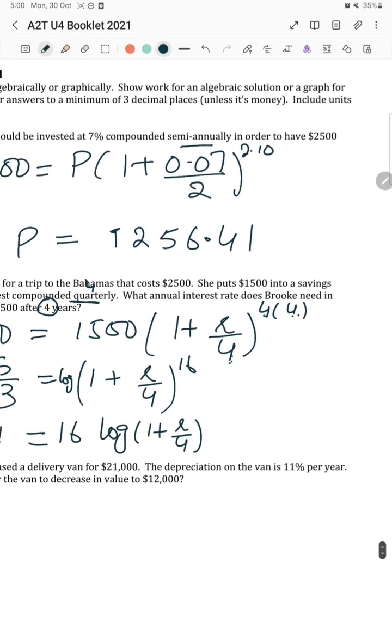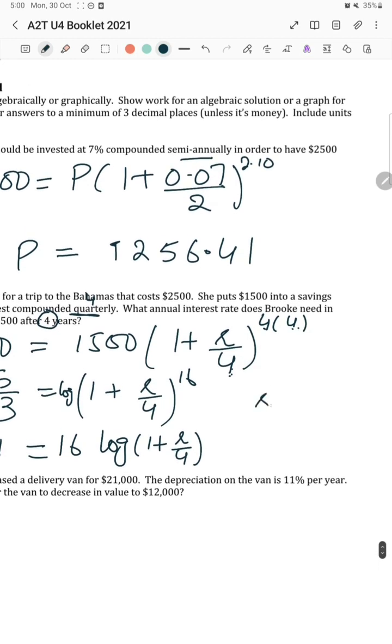So we will divide by 16 here, take exponent, and finally we will get the answer of r, which is equal to 0.129, and in percentage it will be equal to 13%.